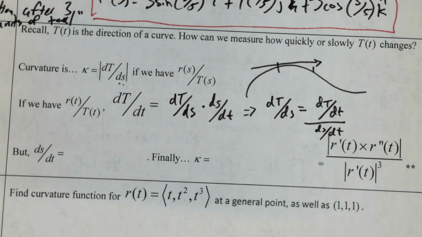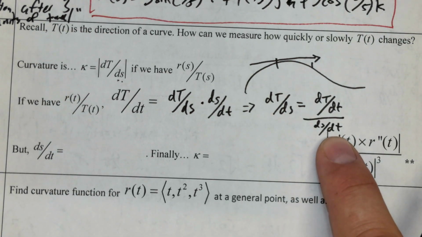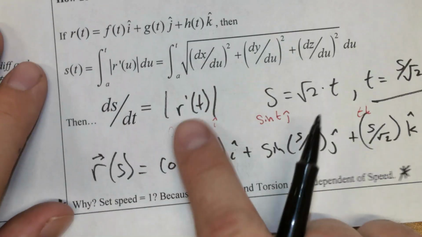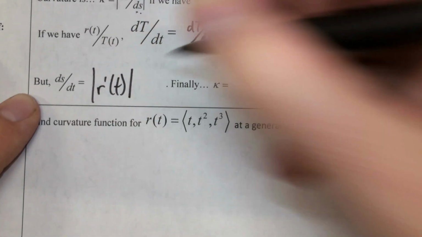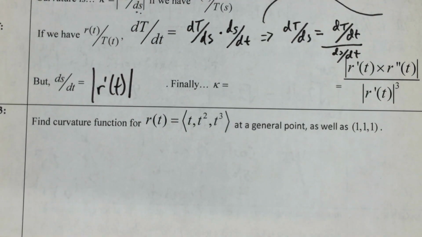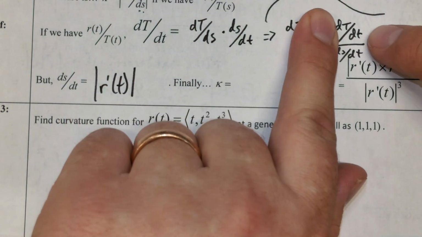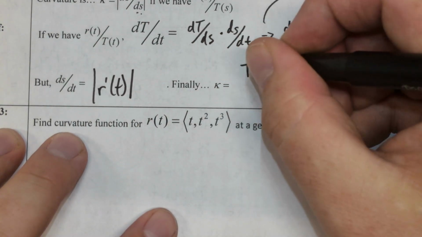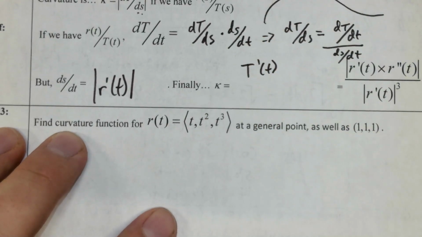But we also know that this ds/dt is what we defined on the front side, just that magnitude. So, if I put it all together, I have dT/dt, kind of funny sounding, but I would just call that T prime.